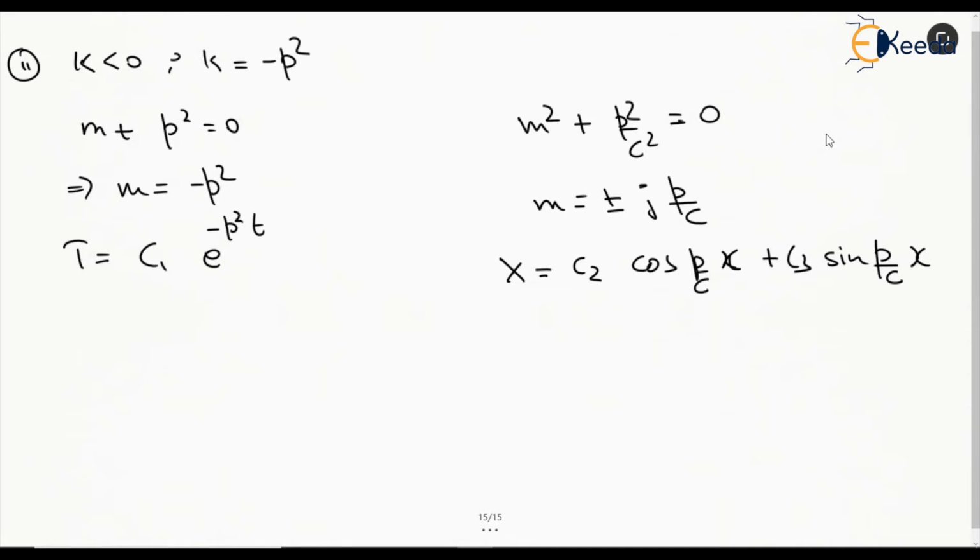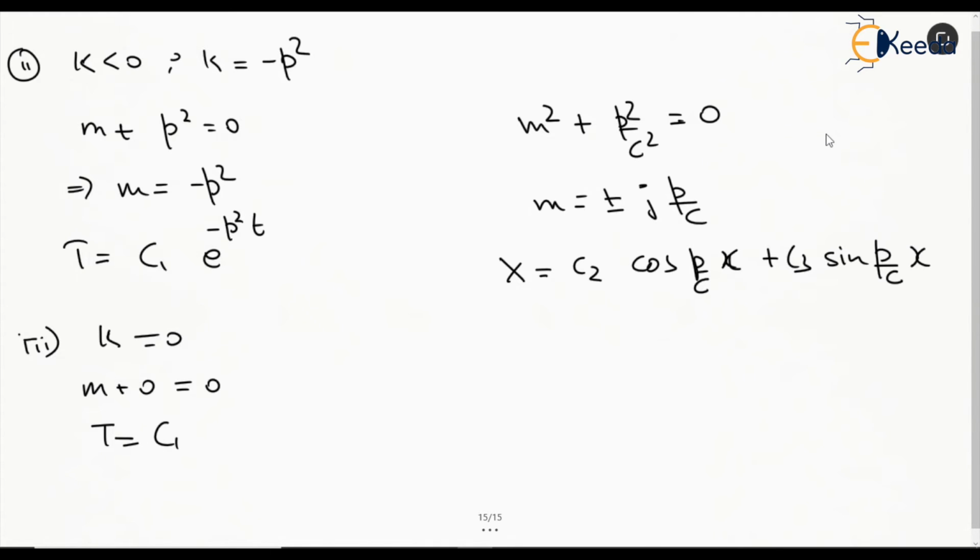The third case is when k = 0. So there is no need of p here, k is directly given as 0. So the first equation becomes m + 0 = 0. m = 0 means that the function is going to be a simple constant, so that the first derivative becomes 0.